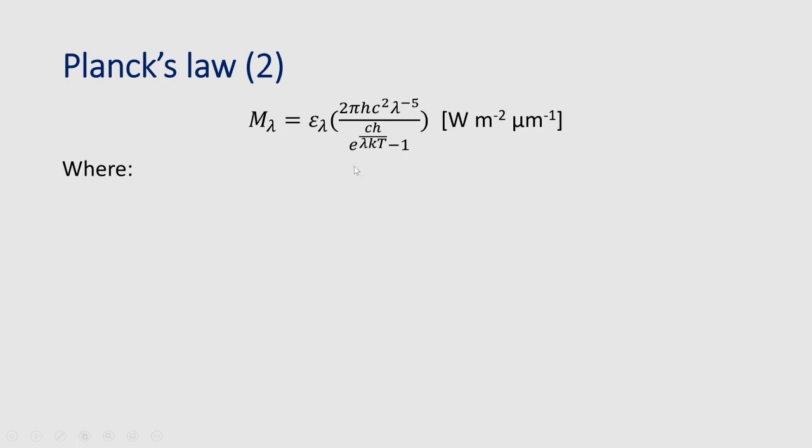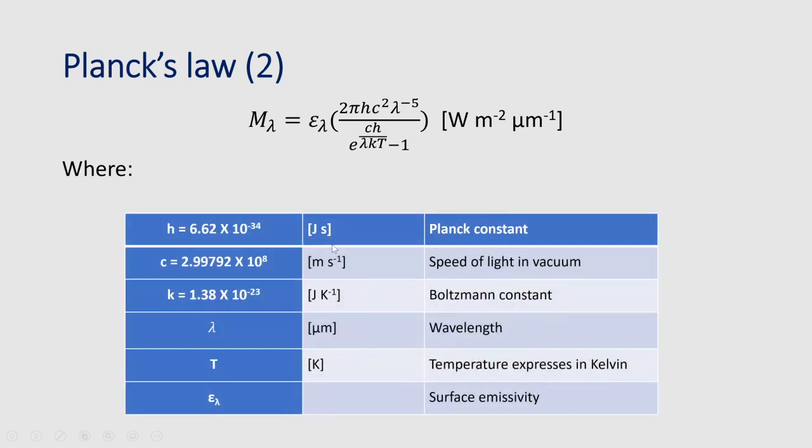What are all the different things here? You see that h is called the Planck constant, and this is the unit of measurement. c is the speed of light in vacuum, as we mentioned also in the first lecture. k is what is called the Boltzmann constant.